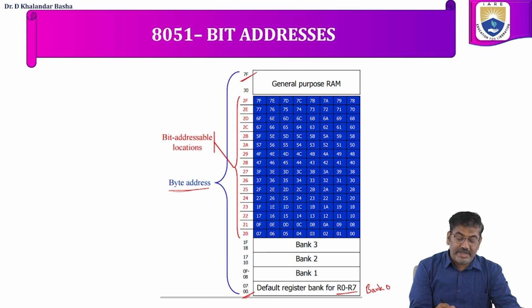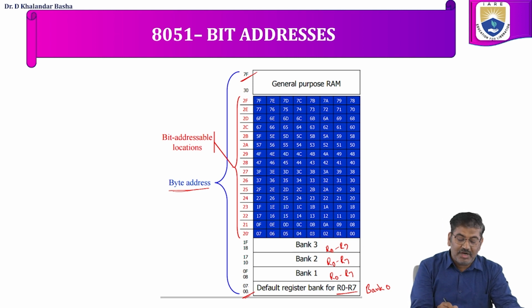Next, from 08 to 0F, again it is register bank 1, with registers R0 to R7. On top of this, again 8 locations correspond to the 8 registers of bank 2. On top of this, we have R0 to R7, which are the bank 3 registers.